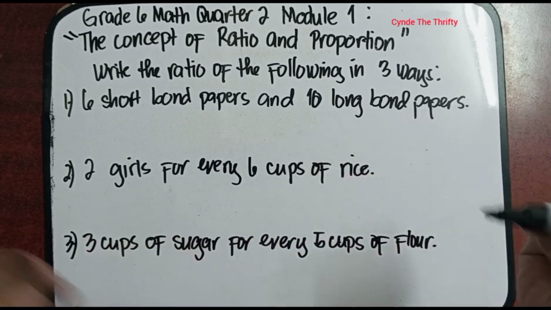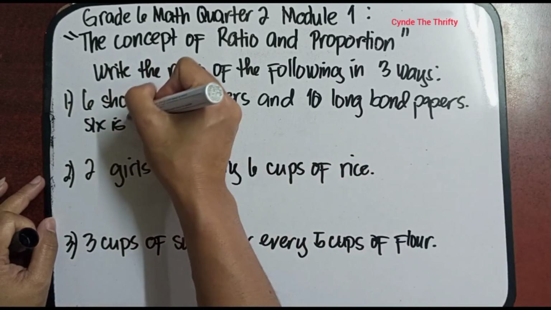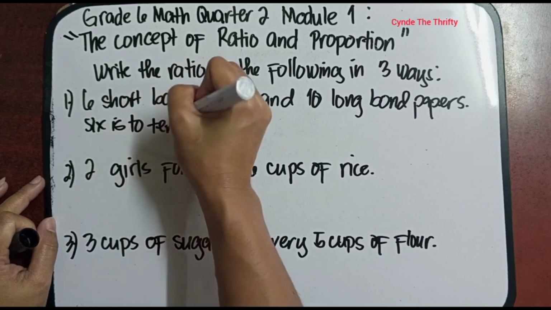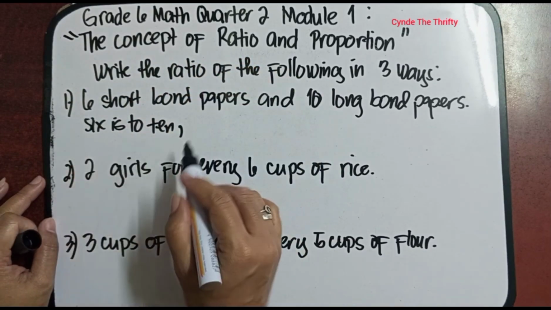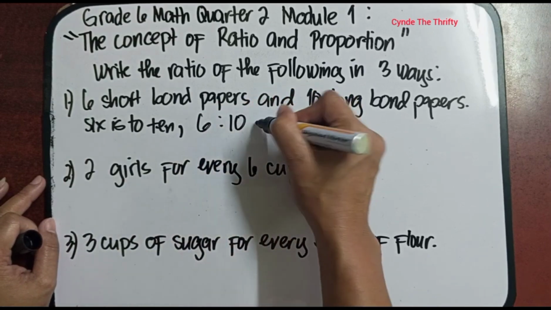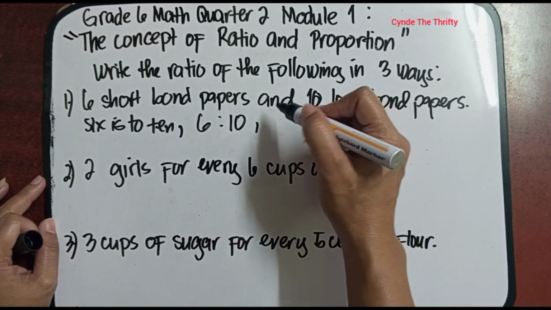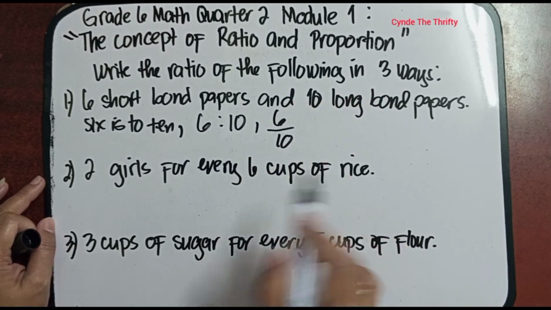So, ano siya in word form? 6 is to 10. So, ito yung word form natin. 6 is to 10. Ano naman siya sa column form? 6 is to 10. And then, sa fraction form, 6 over 10. Ayan. So, ganyan lang siya kadali.